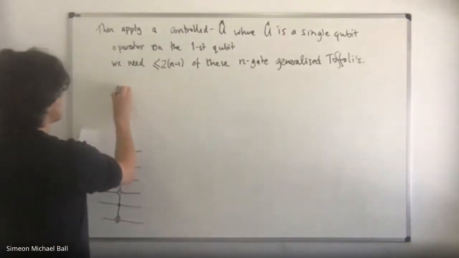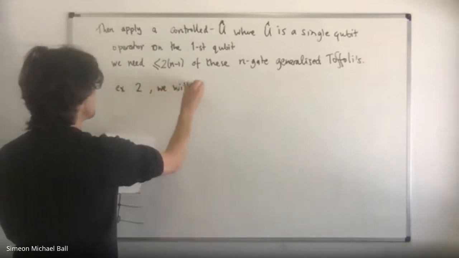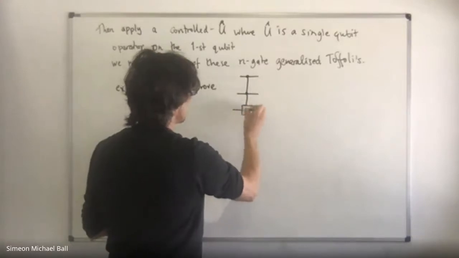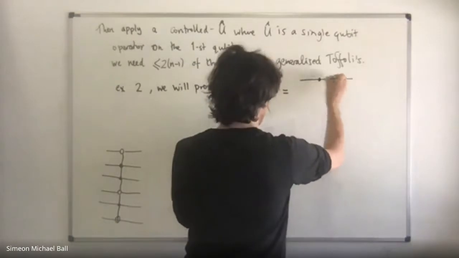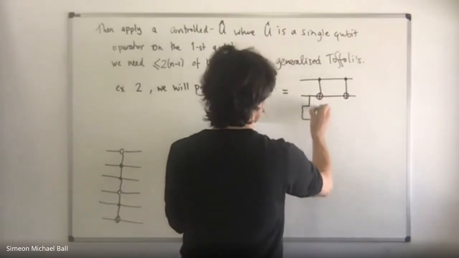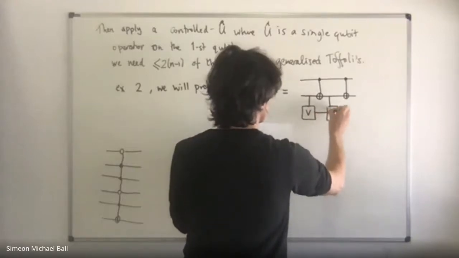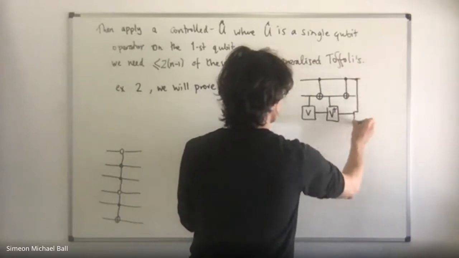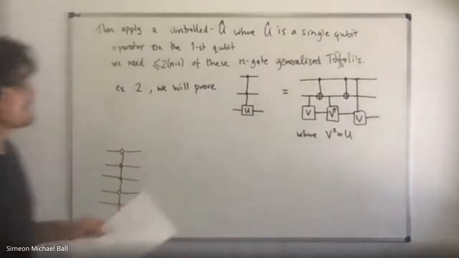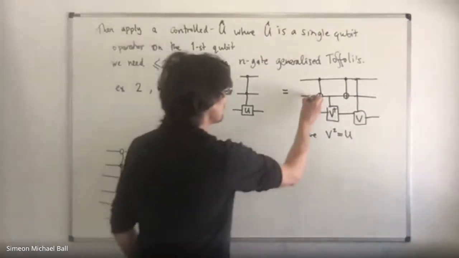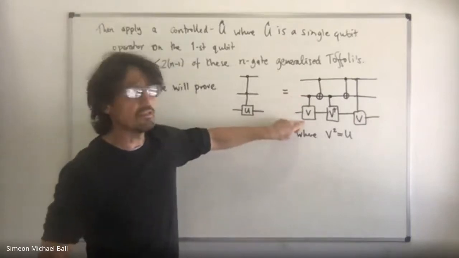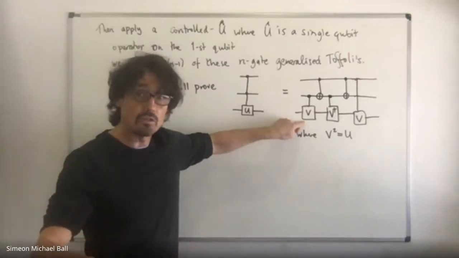Yeah, so in exercise 2, we will prove that this is equal to this, where V squared is equal to U. So here we have only single qubit operators, and here we have a controlled single qubit operator, which we've already seen we can break down into single qubit operators and C-NOTs. That's what we did last time.